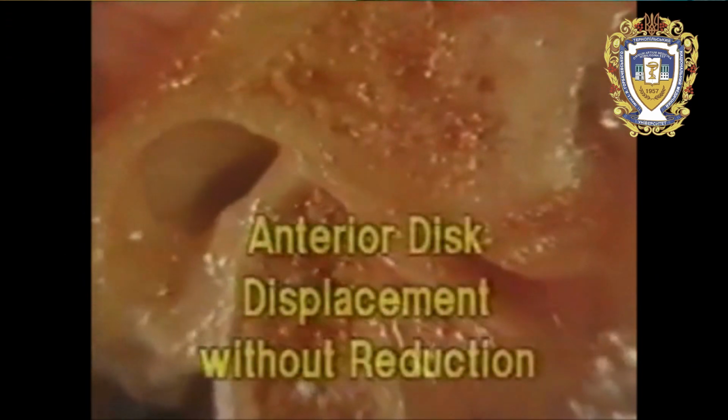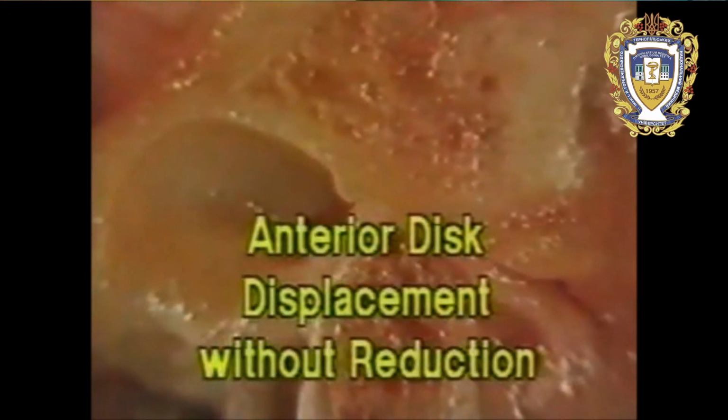Next video, anterior disc displacement without reduction. The next joint demonstrates anterior disc displacement without reduction, which implies that the disc is consistently lying anterior to the condyle. During all mandibular movements, the disc is lying anterior to the condyle and at maximum opening, the disc is folding downwards as seen here.